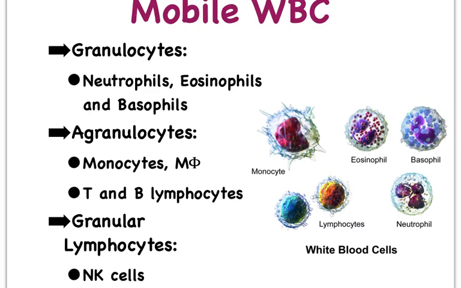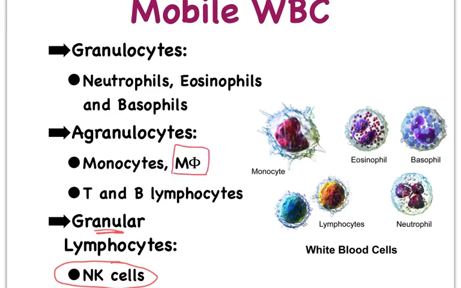And then, what includes the mobile white blood cells? Well, pretty much all of the white blood cells that you know, both the granulocytes and the agranulocytes. And remember that we also have the natural killer cells, which are a type of lymphocyte that is actually granular. Notice too that we list within the agranulocytes the macrophages again.